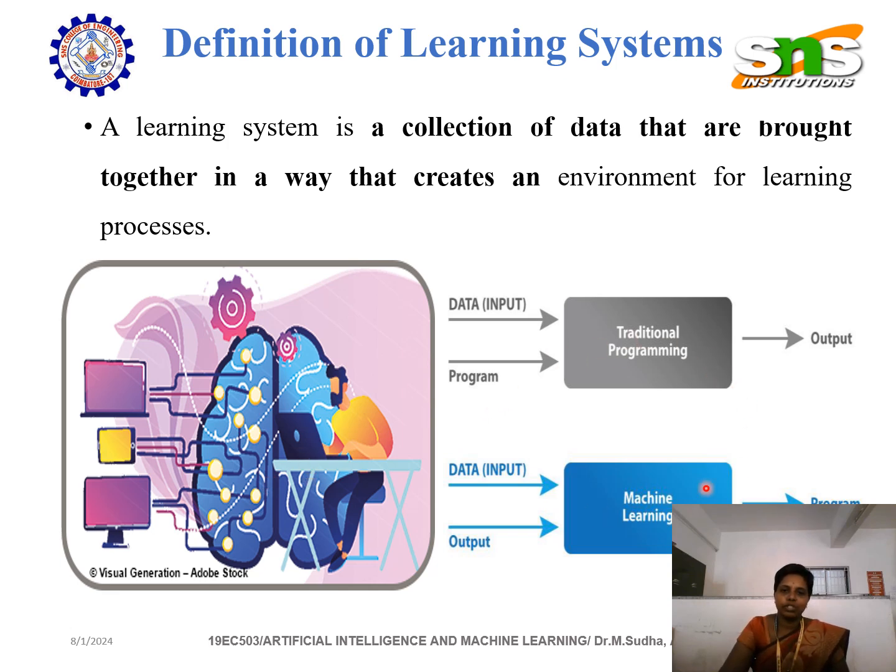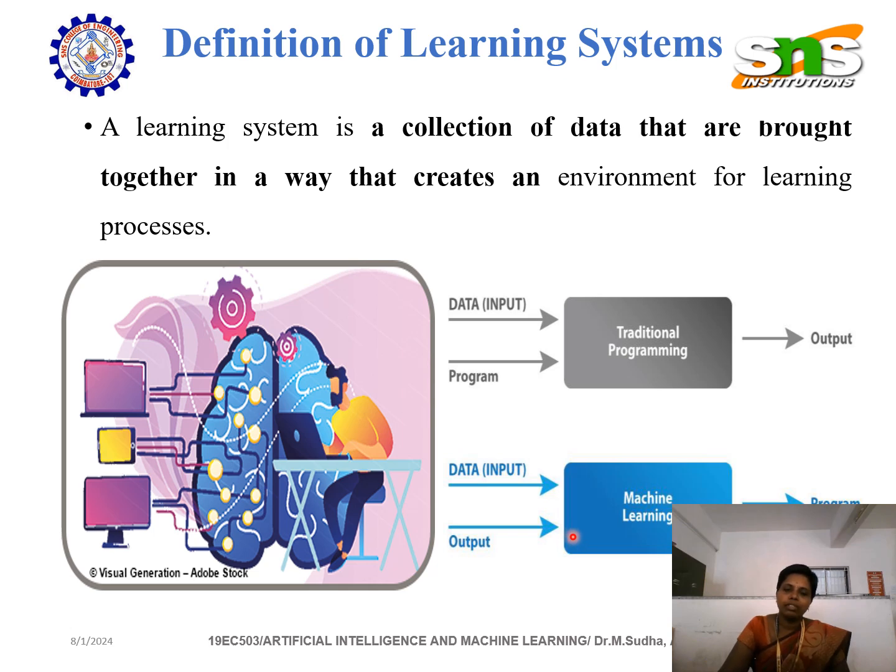The second picture shows the traditional program as well as machine learning. What is the difference between these two? In traditional programming, we just feed the input, program it, and get the output directly. But in machine learning, we feed the input and we also feed the output.